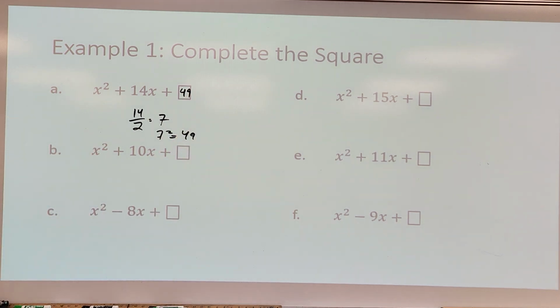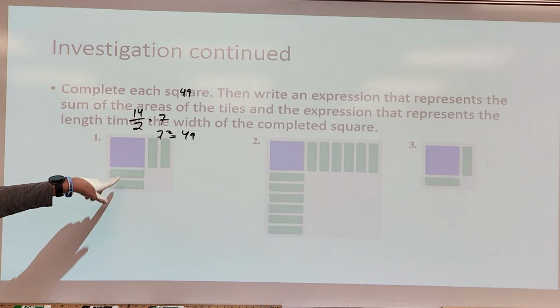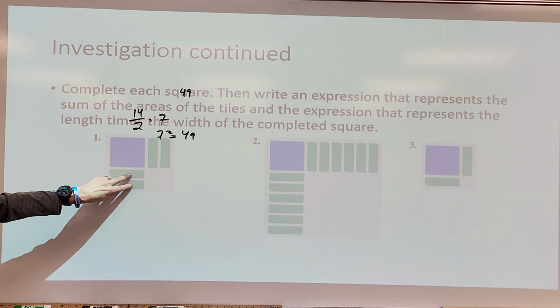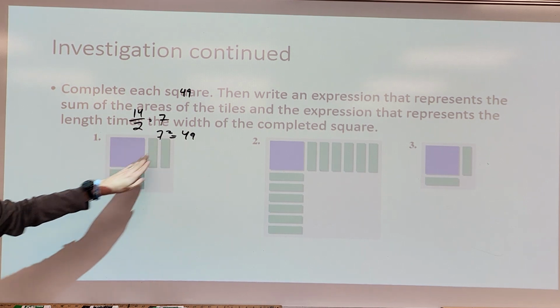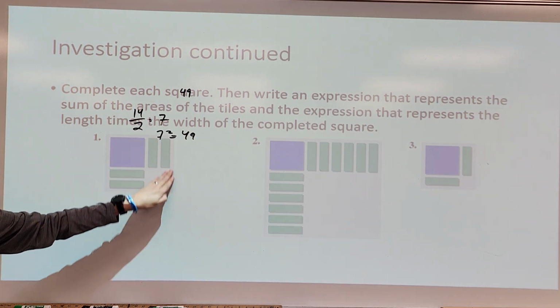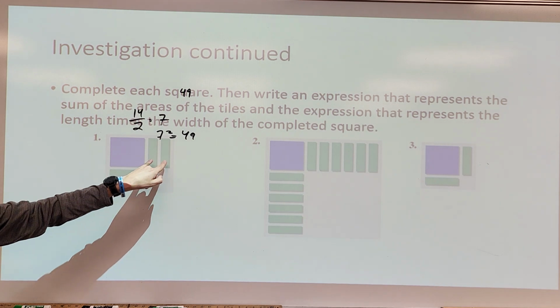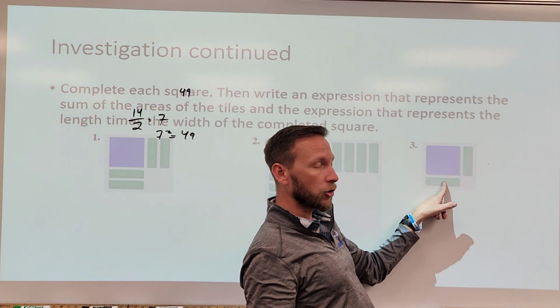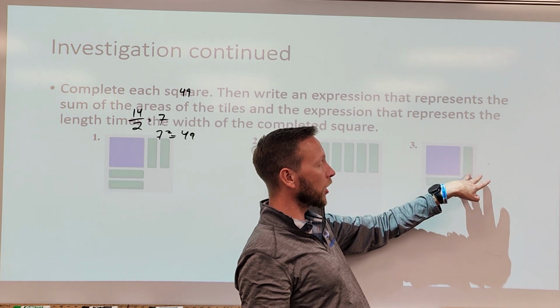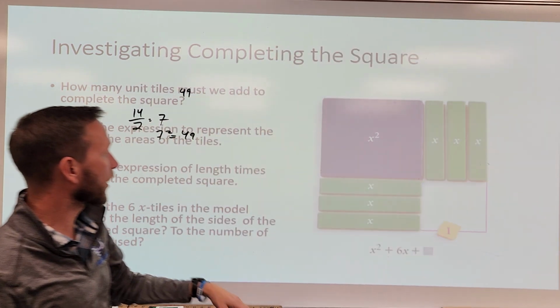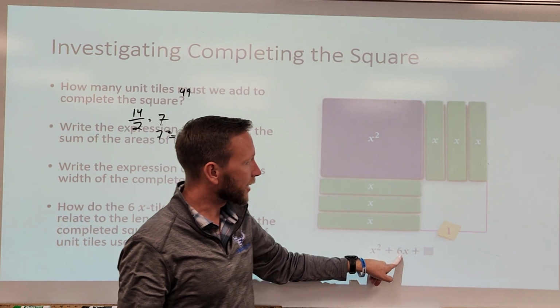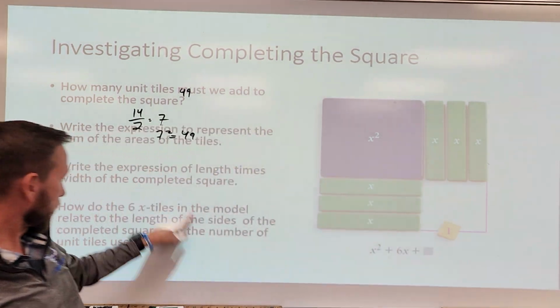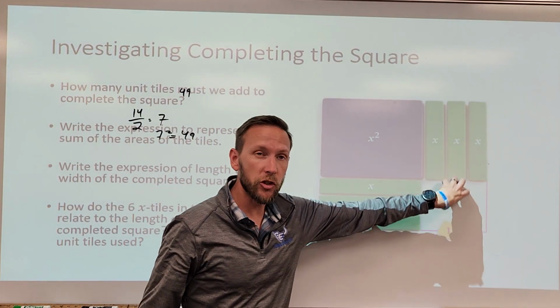If we backtrack a little bit, half of 4 is 2, because we have 2 times 2, and that gives us 4 tiles here. Over here, 1 plus 1 makes 2, so we had 2 x's, half of that is 1, and 1 squared is 1. Going back still a step further, 6 cut in half is 3, that's the question we're asking here. And then 3 squared is 9.